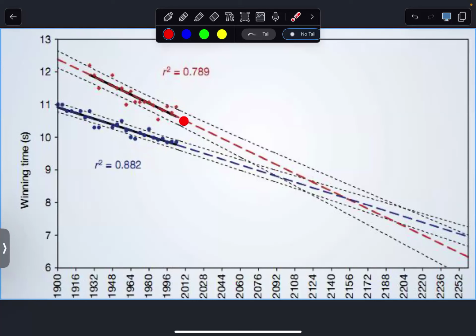And so what they've done is they've extended the lines, and here at 2156, these lines cross. Oh boy, and that's what they built a whole article around, and that's crazy.